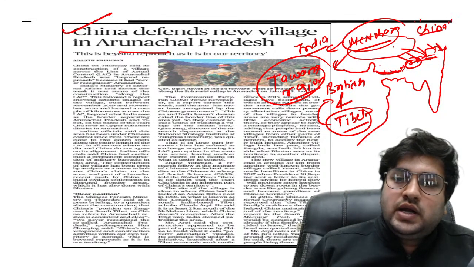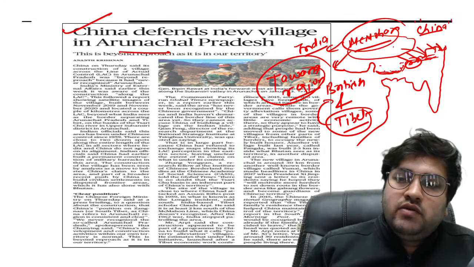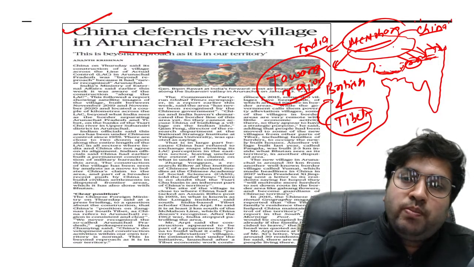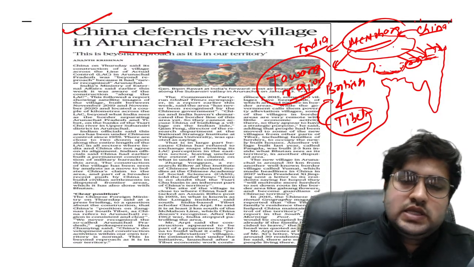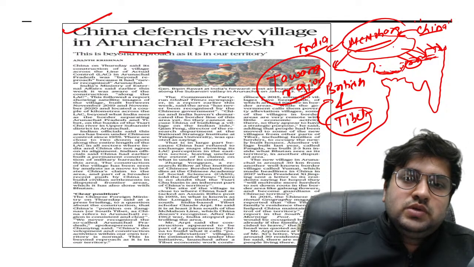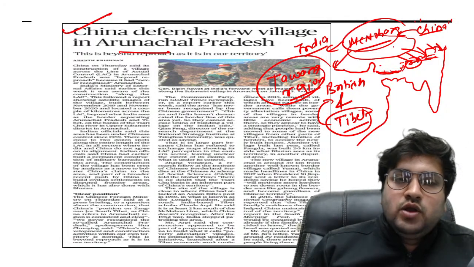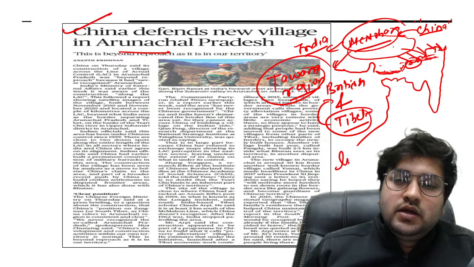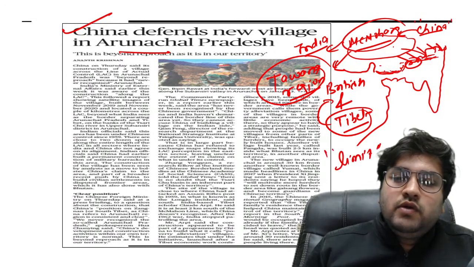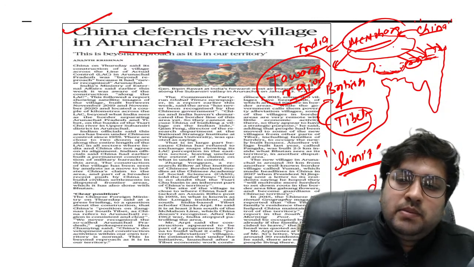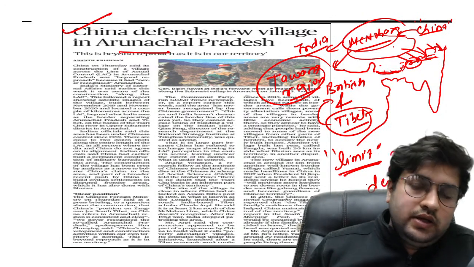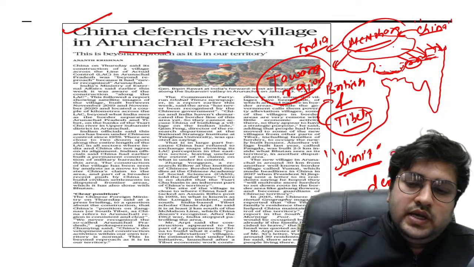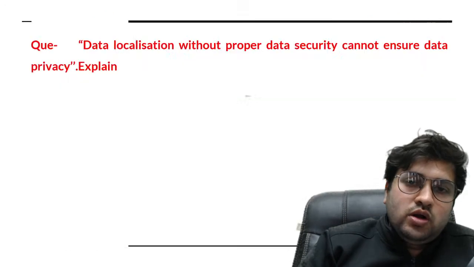So China wants to create a buffer area, and this buffer area will protect Chinese-occupied areas like Tibet from the reach of India, and China will also be able to limit the demand or the claim of India in respect of these areas, for example Aksai Chin or Tibet.